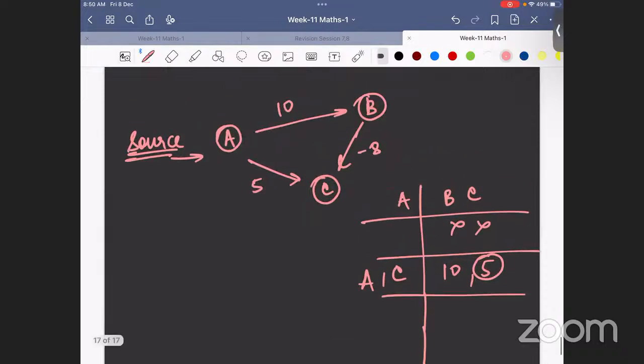You can reach C, but using C we are not able to reach B. AC, B, you can't reach it. Because it's a directed graph, right? Correct. But we are going from A to B, right?